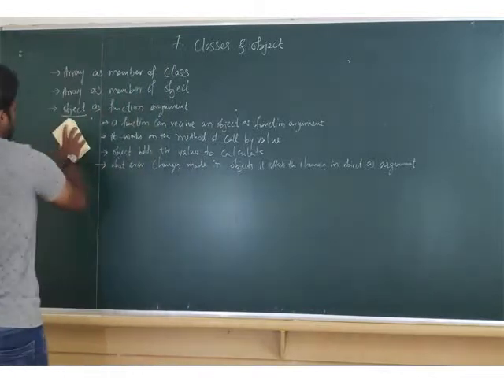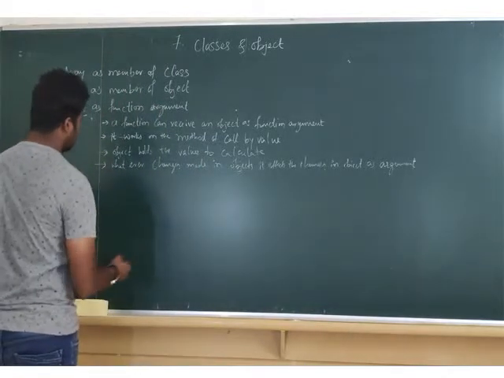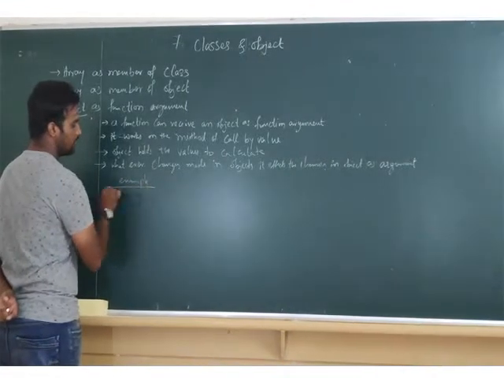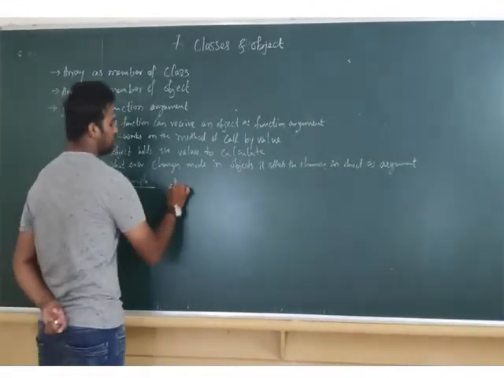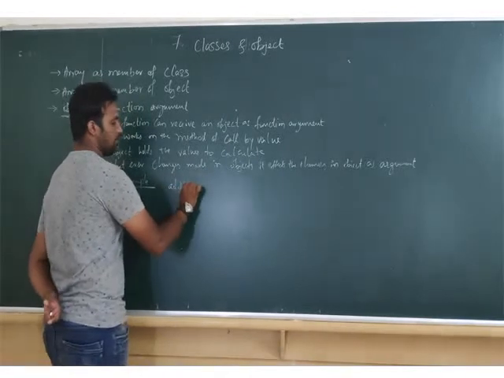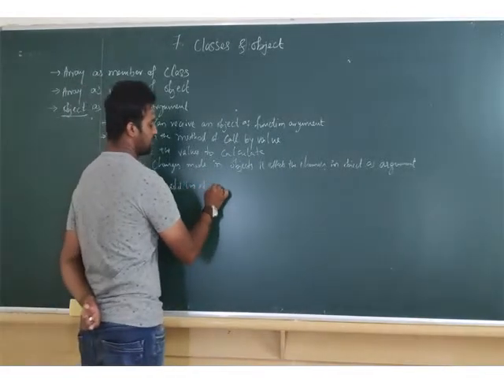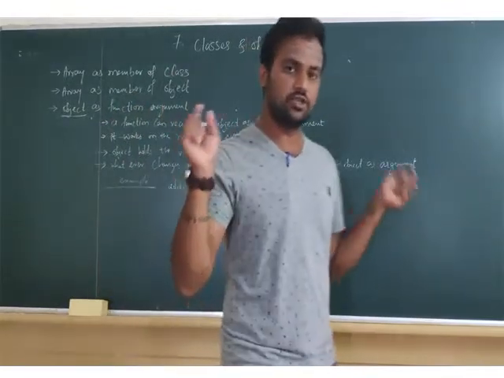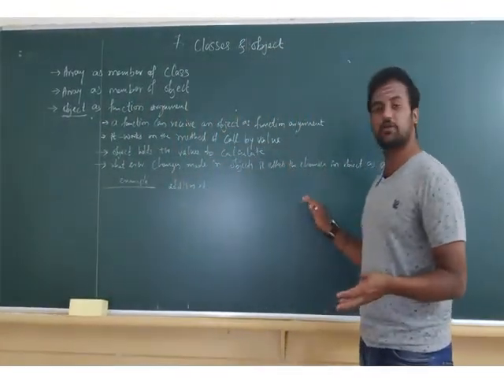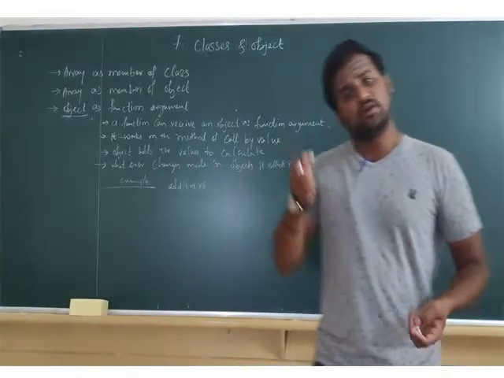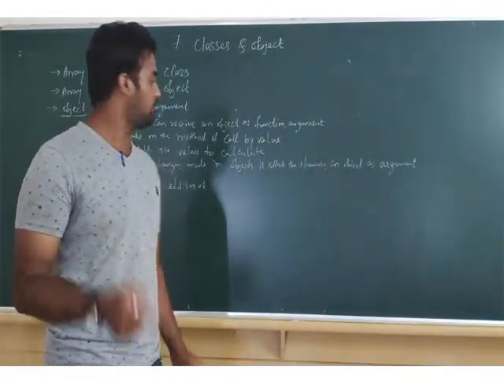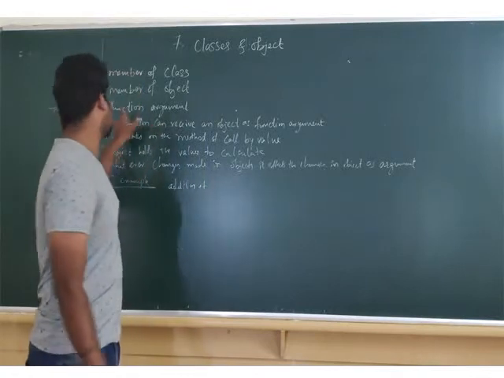So, for example, take addition of two numbers. This is a small program, just for example I am writing. I am not saying that only by using this particular method it can work. No. While writing bigger software, we can use these types of things, object as function argument.